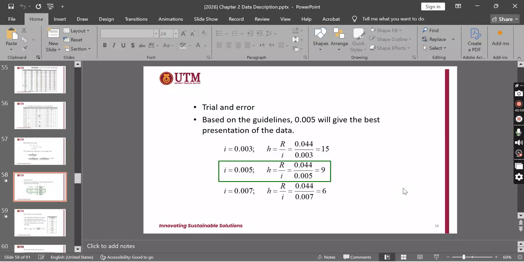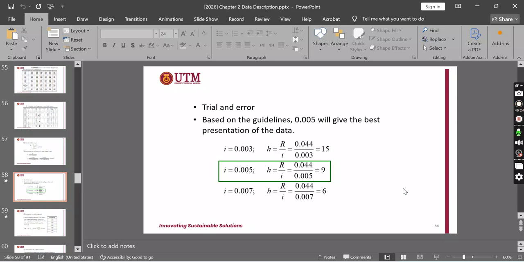So we are using here 0.005. No need to round. Now you have to find the initial in the middle.